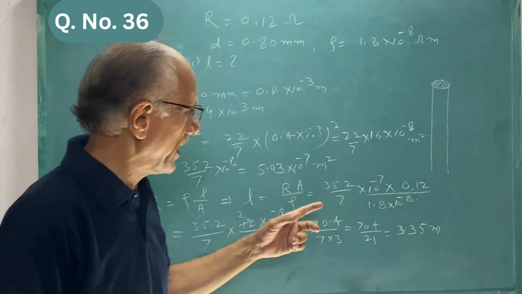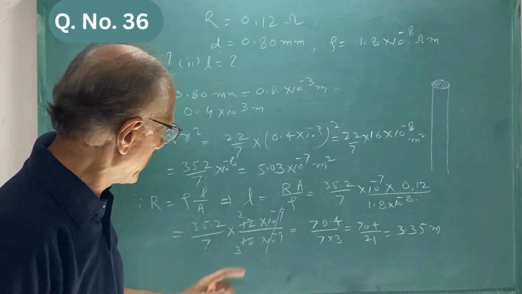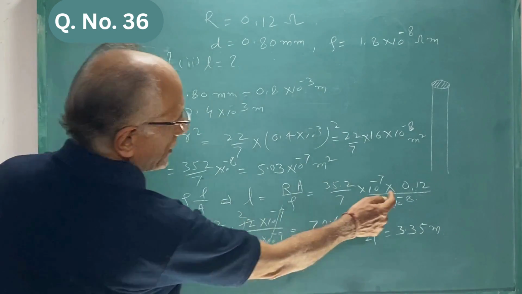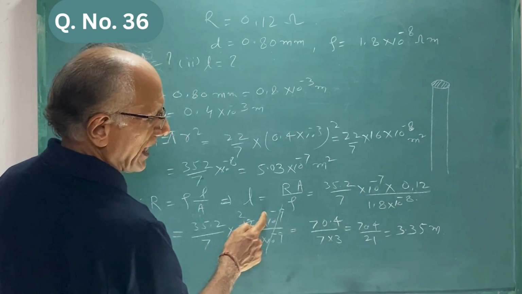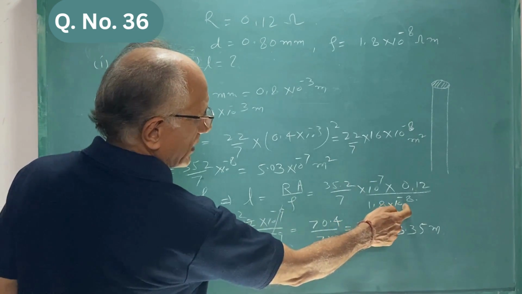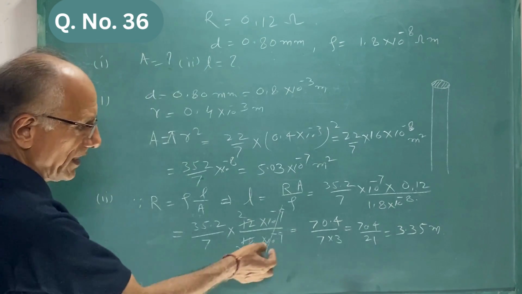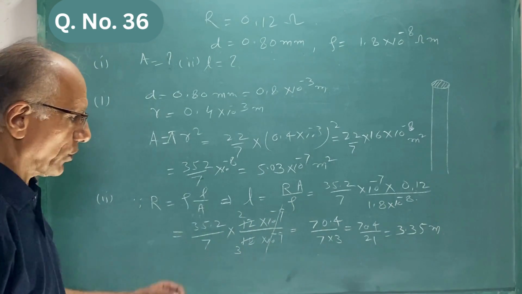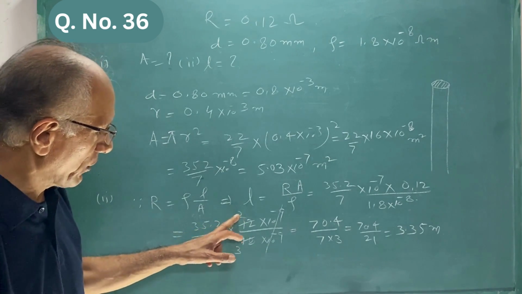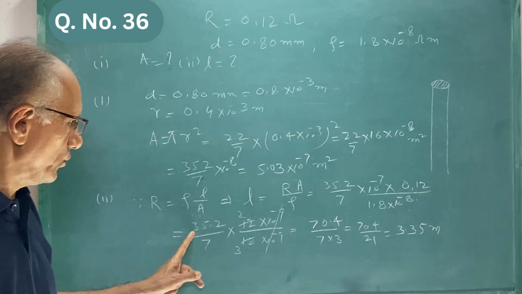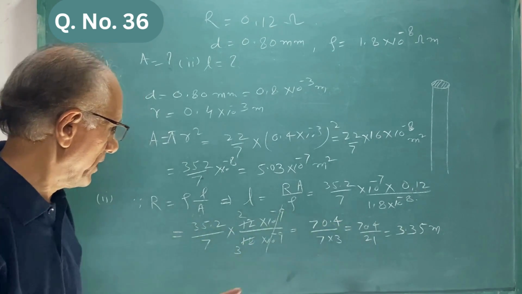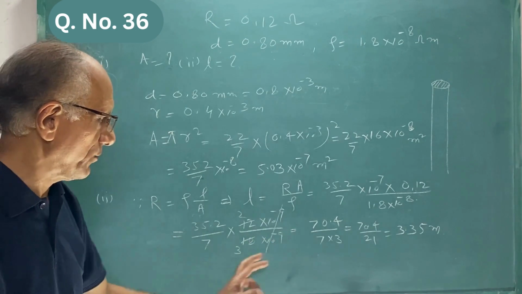Now just multiply, taking the decimals from these two and the 7 here, we will get minus 9, and with this decimal also it is 10 to the power minus 9. So they will cancel out. Shortcut: 6 2s are 12 and 6 3s are 18. Multiplied by 2 you will get 70.4, divided by 7 into 3, 21.